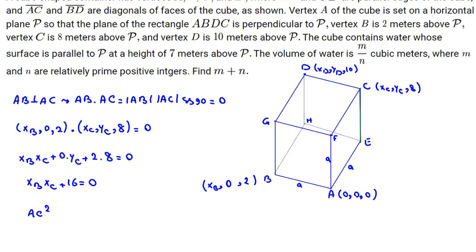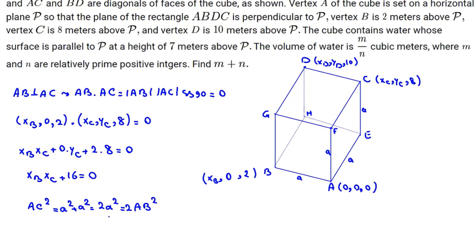For this triangle, AC squared is C squared plus A squared, is A squared plus A squared. So AC squared equal to A squared plus A squared, 2A squared. And we know A squared is AB squared.